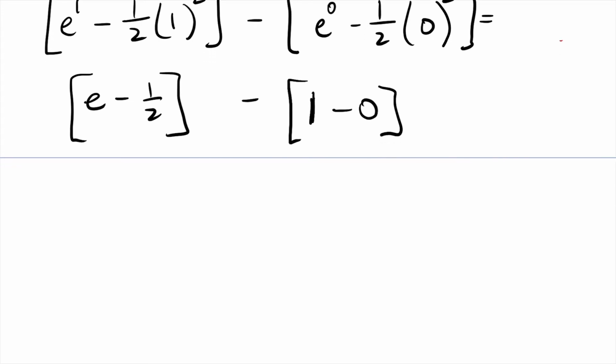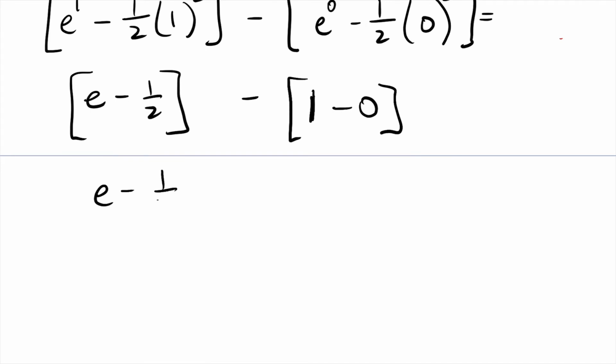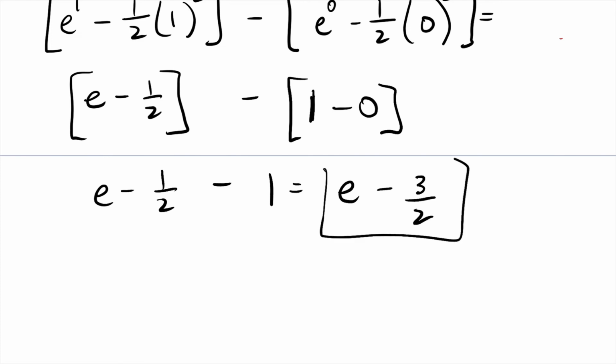So e minus 1/2 minus 1, which is the same as e minus 3 over 2.